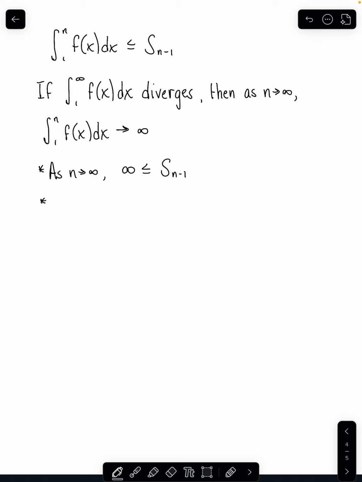Thus, the limit as n approaches infinity of s sub n minus 1 is infinite, and thus the sequence diverges. And thus, the series diverges.